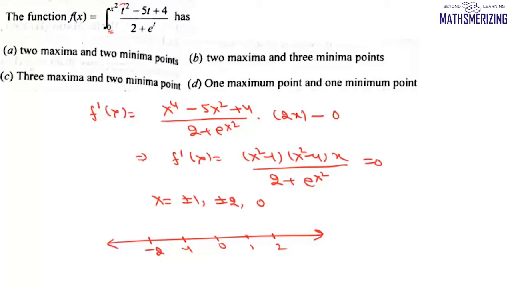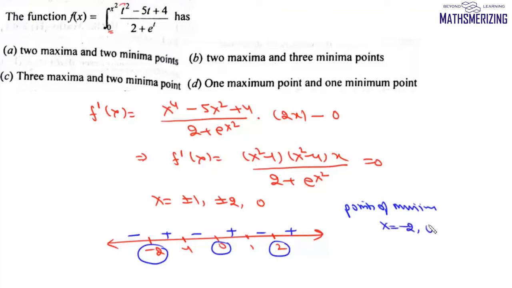What is the sign of the rightmost? The sign of the rightmost is plus. So this is plus, minus, plus, minus, plus and minus. So we have points of minima at -2, 0 and 2. So we have 3 points of minima, and there x equals -2, 0 and +2.